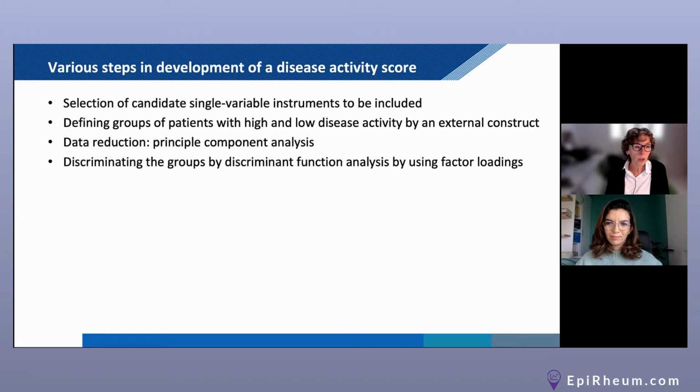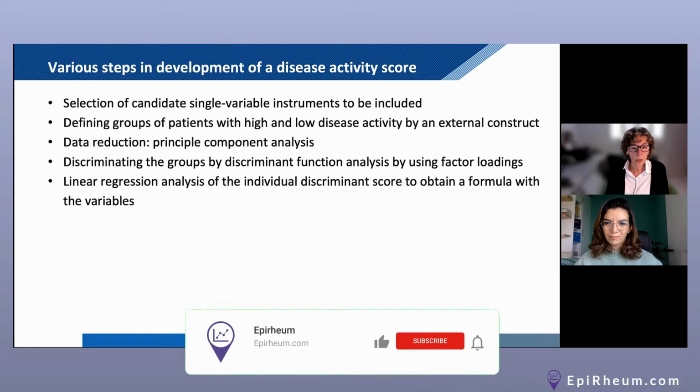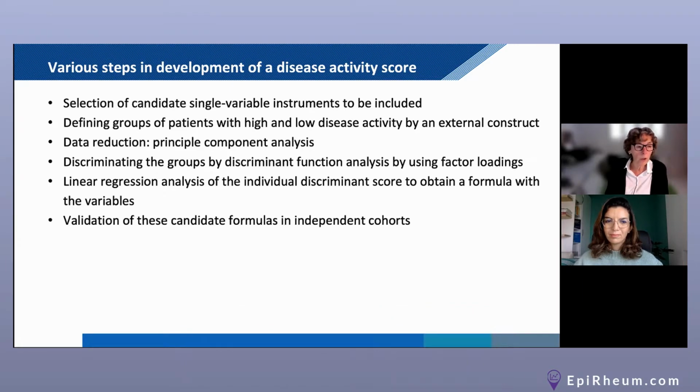Thereafter, you discriminate the 2 groups of high and low disease activity by a discriminant function analysis by using those factor loadings. Thereafter, you do a linear regression analysis of the individual discriminant score to get back the loading of the single variables. And by doing so, you obtain a formula with the variables.